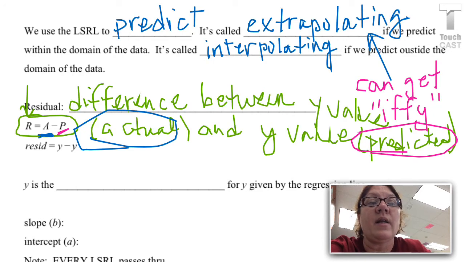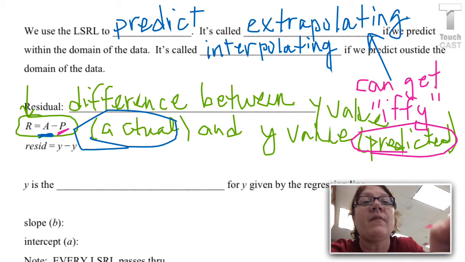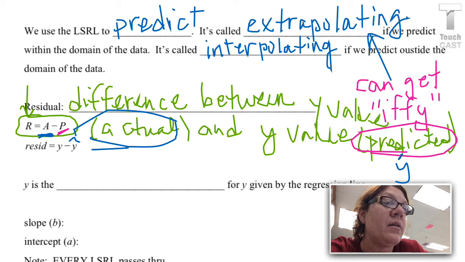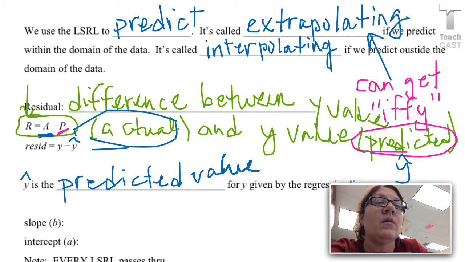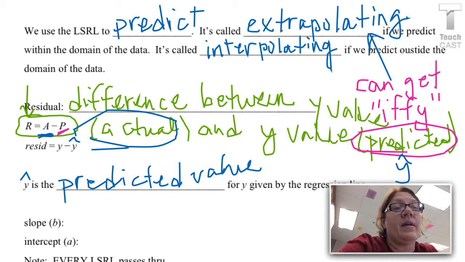And another way to write it is the resid equals Y minus, and here's the really super important part, you have to fix this, Y minus Y hat. And Y hat is a predicted Y value, the predicted value for Y given by the regression line.